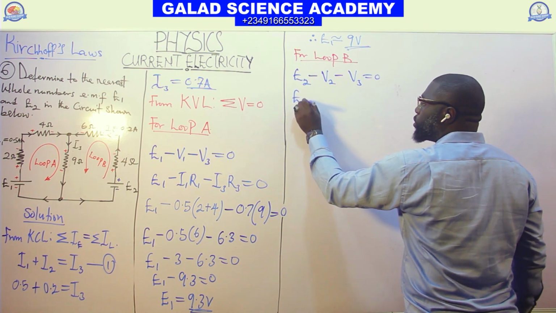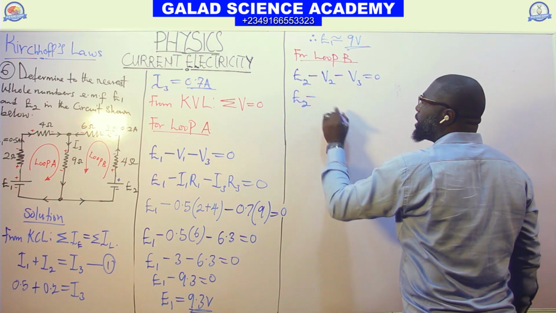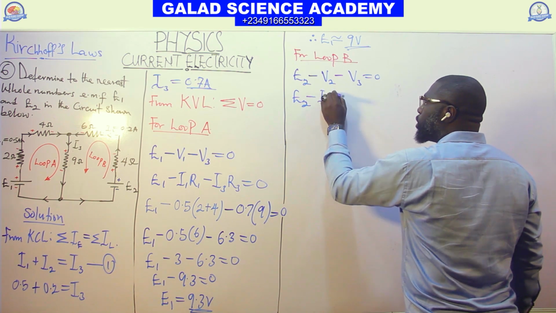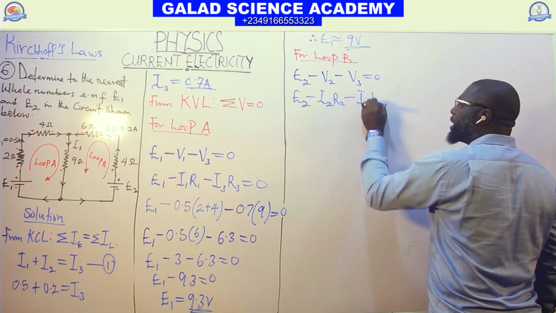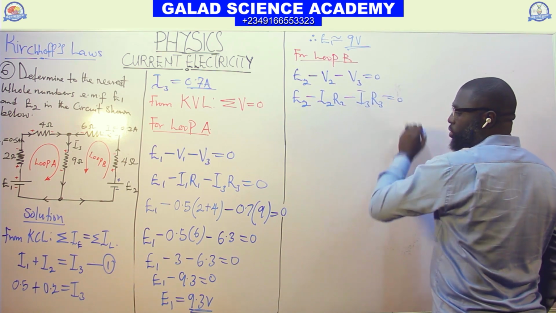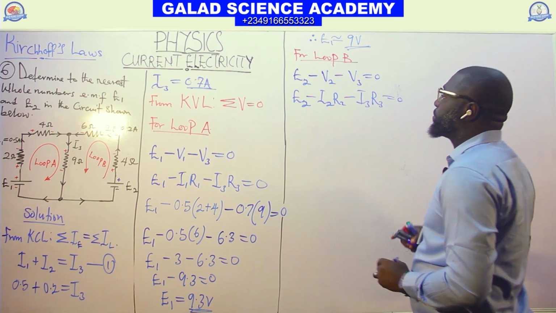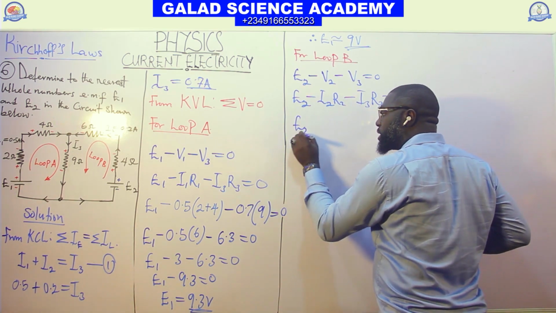So E2 equals I2 times R2 minus I3 times R3 equal to 0. So the E2 is this.